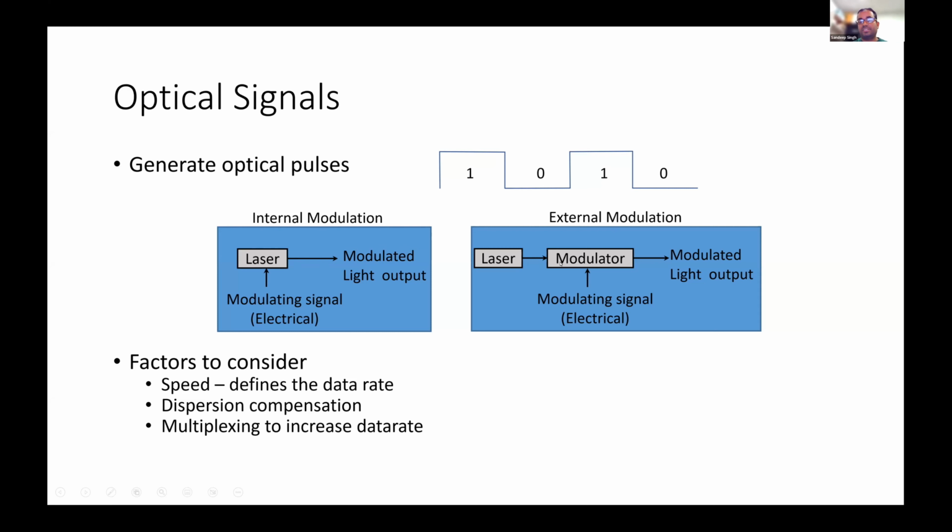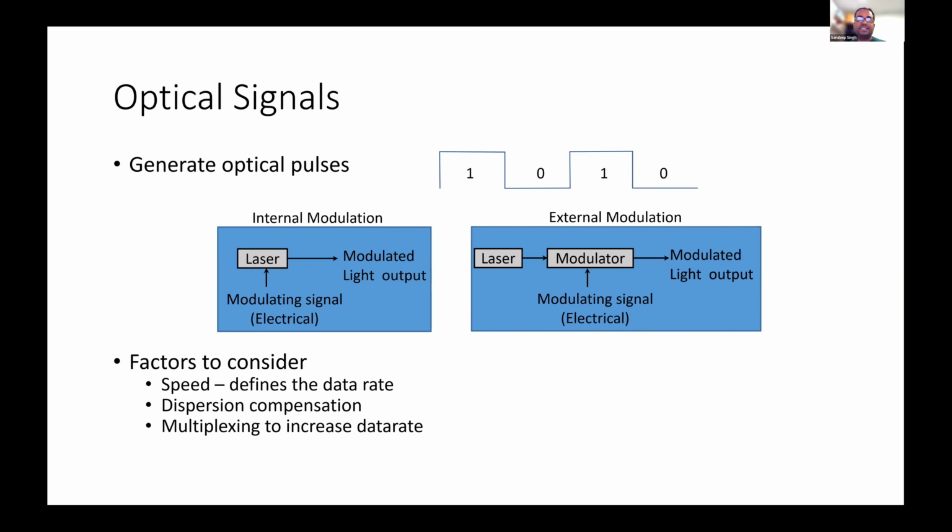In external modulation, an external modulator is used and is driven by a modulating signal, which is the message signal in the electrical domain, and it drives the laser externally on and off to generate the modulated light output in the form of on-off modulation.